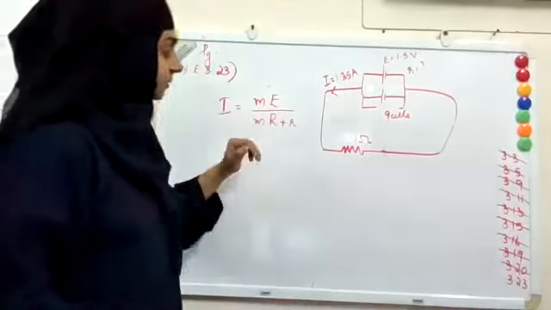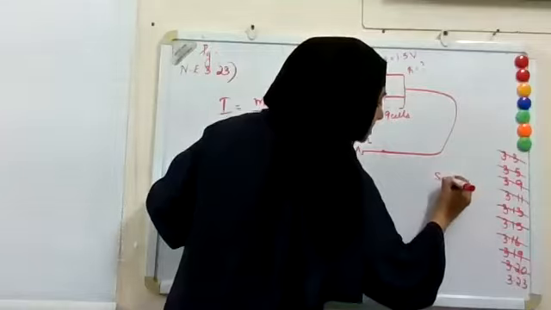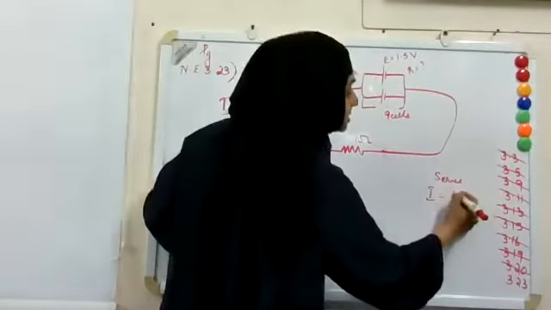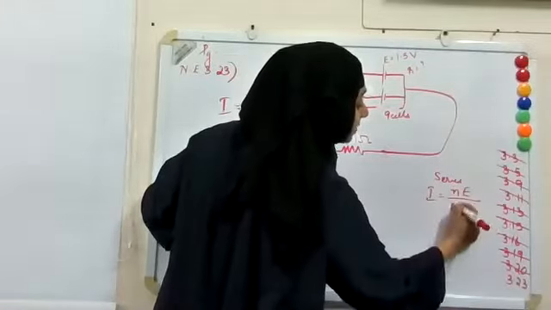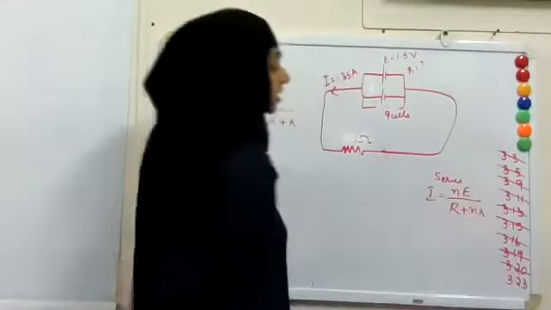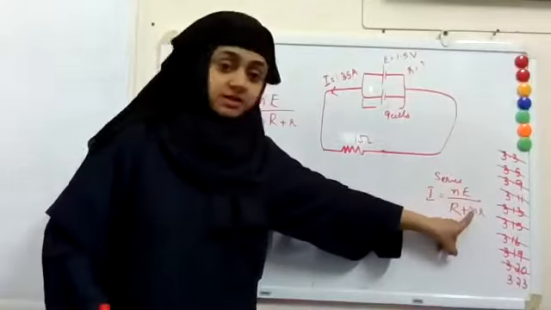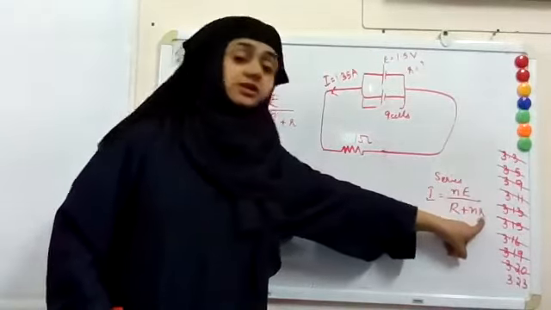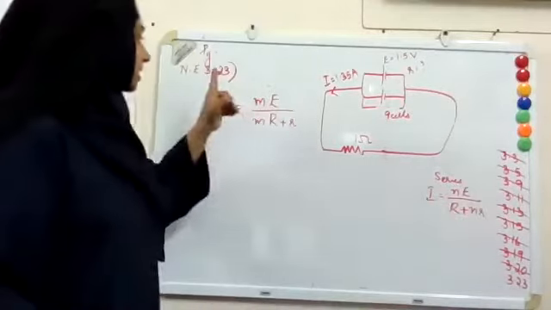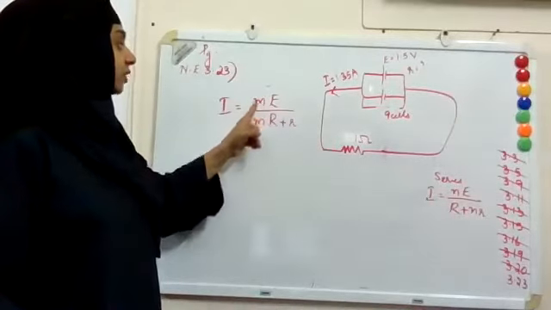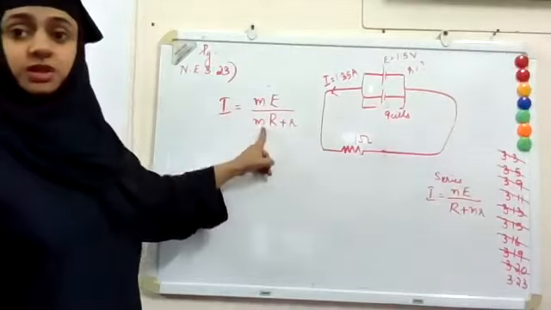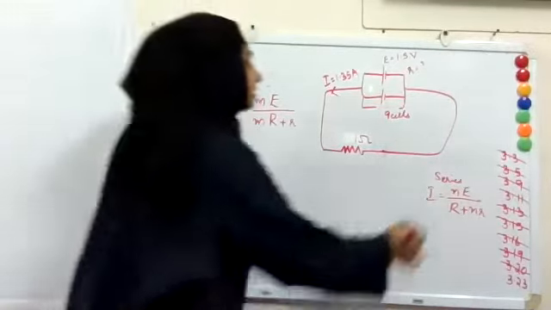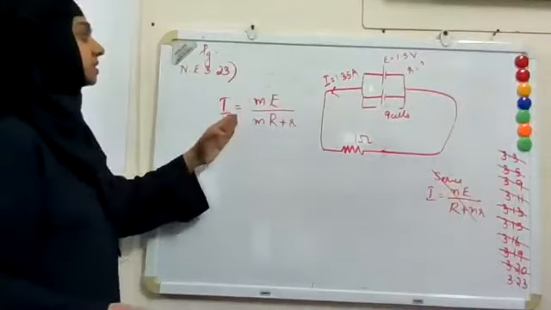If they were connected in series, with N cells, I is equal to N E by capital R plus N into small r. So in series, the multiplication factor, the number of cells, goes with the internal resistance in the denominator. But if they are connected in parallel, it goes with the external resistance. We derived both of these equations in the class. So here they are connected in parallel, so I'm using this equation.